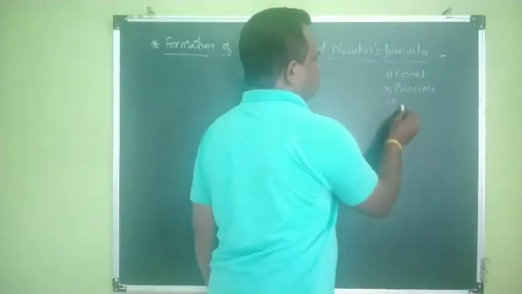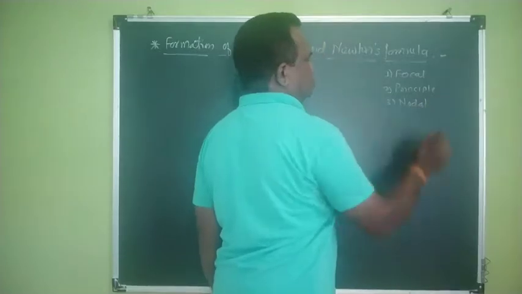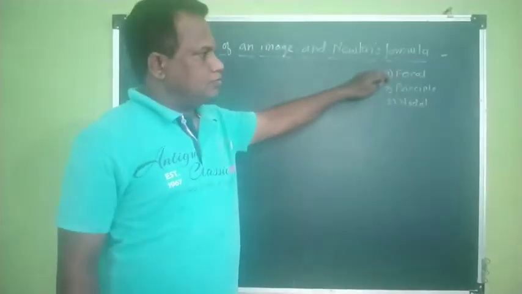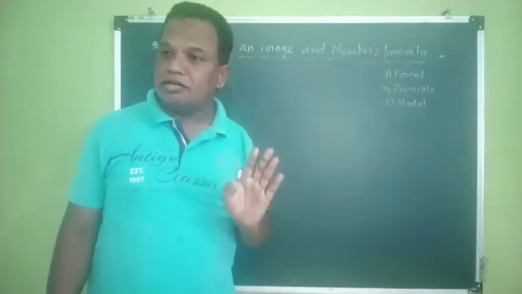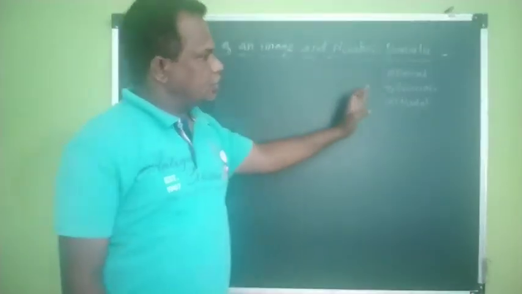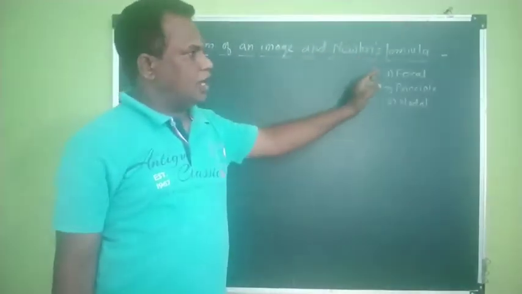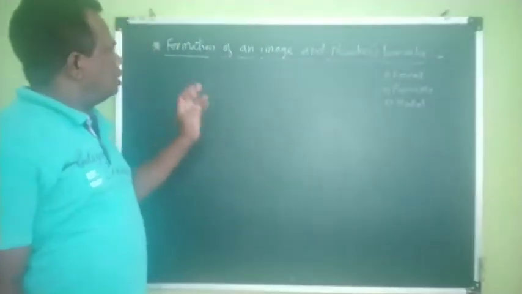Similarly, we have seen the two nodal points and two nodal planes. So two focal points, two principal points and two nodal points are known as cardinal points. Now, by using the properties of the cardinal points, we can form the image of an object.